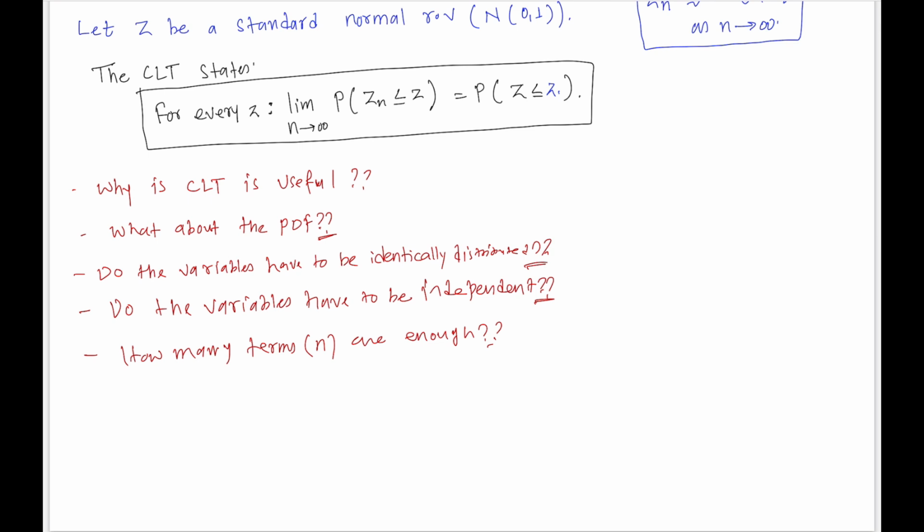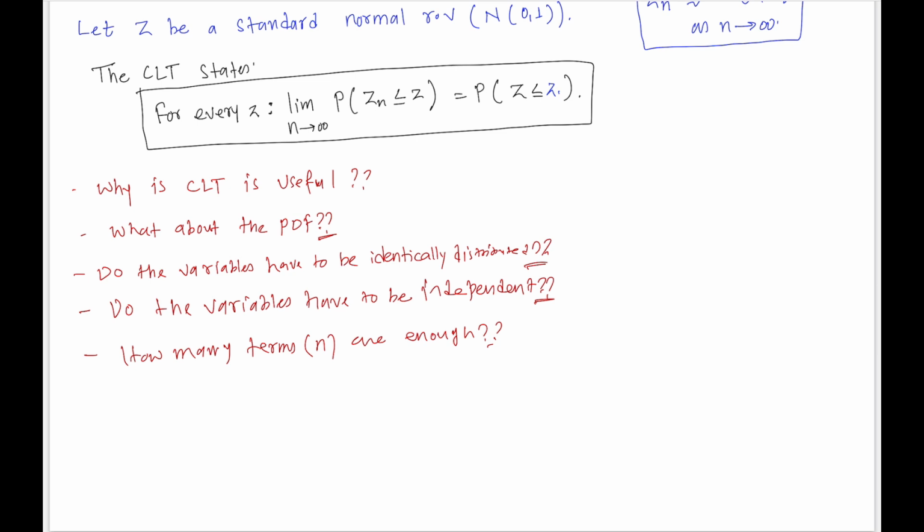If they are kind of similar, the central limit theorem can be applied. There are also generalized versions of the central limit theorem, which we are not going to look at, but the variables don't have to be literally identically distributed. So I think I answered this question.